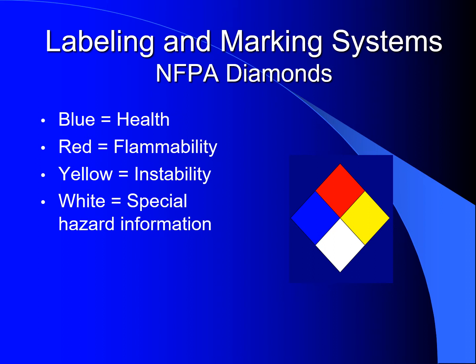They have a color: blue for health, red for flammability, yellow for instability, and white for special information. And so here, blue, health, red, flammability, yellow, instability, and white, special information.